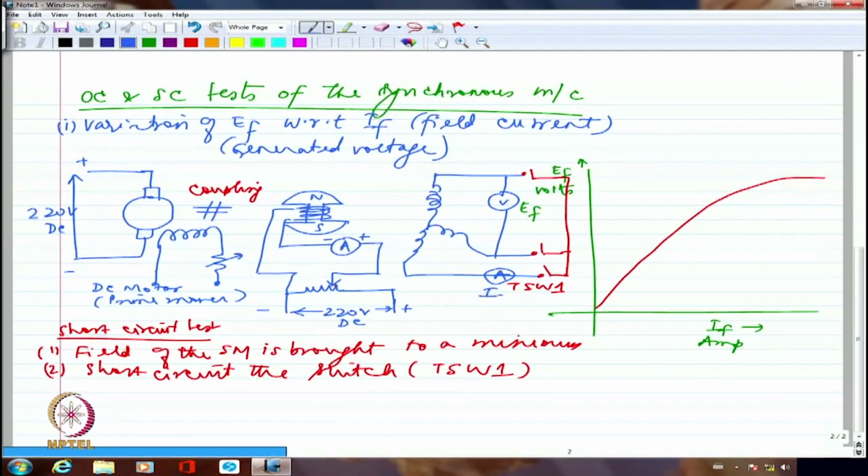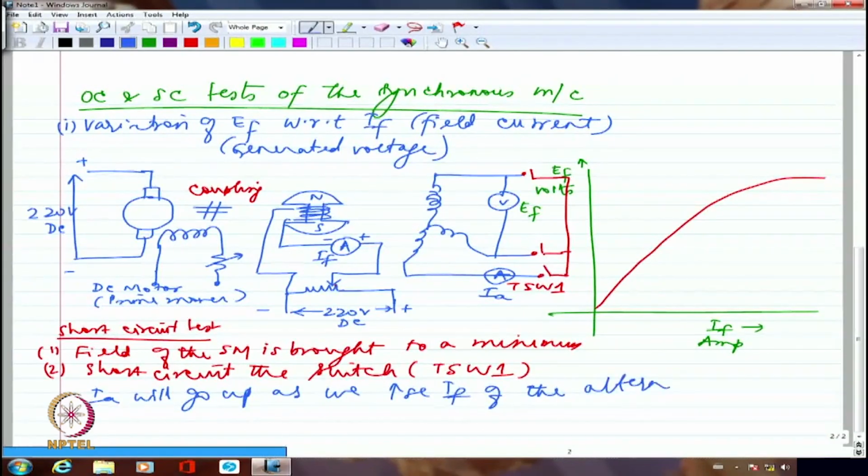If I may call this IA, this IF, IA will go up as we increase IF of the alternator or synchronous machine. I hope you understand this. I am running this still at 1500 RPM.